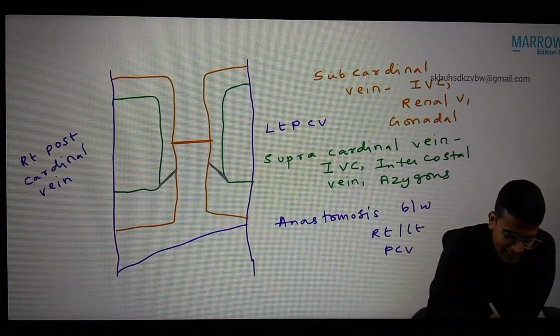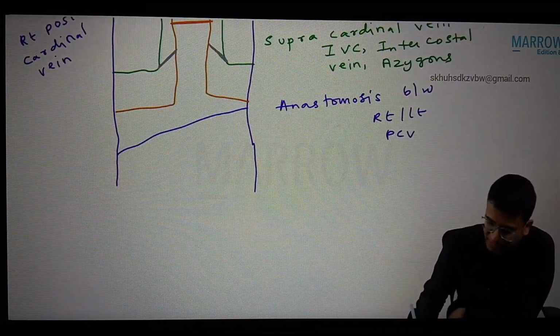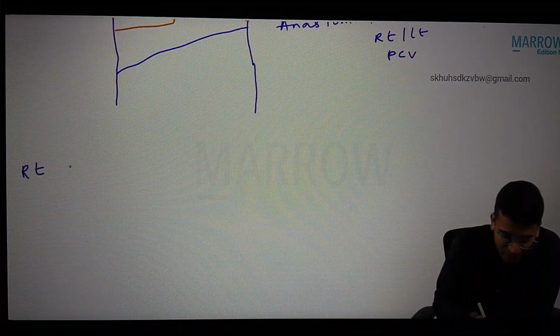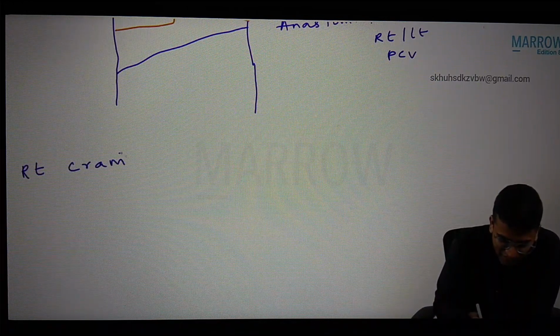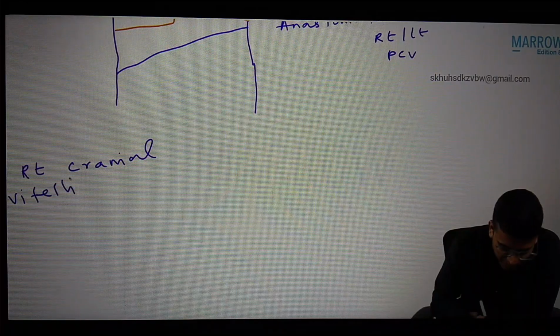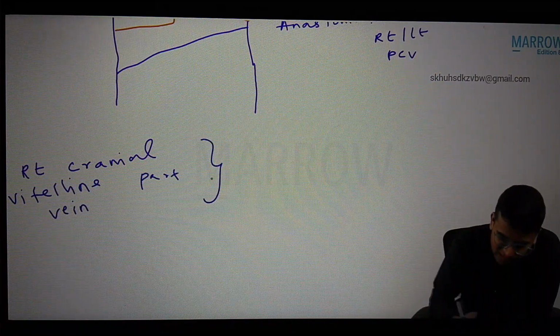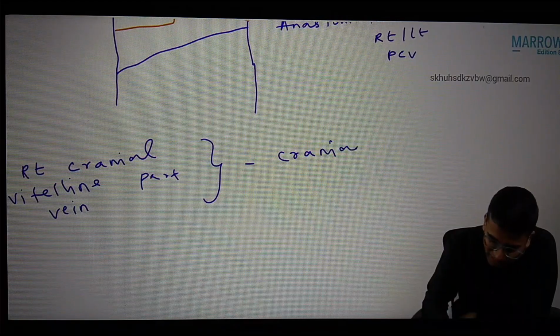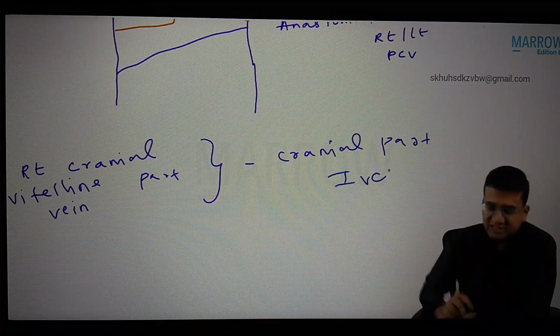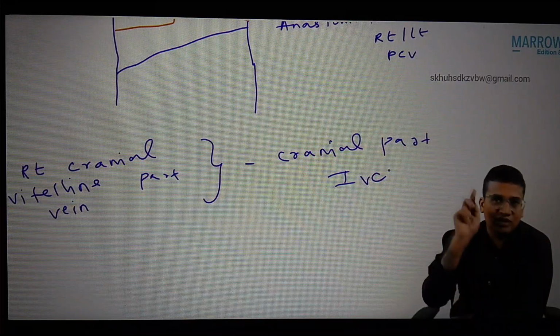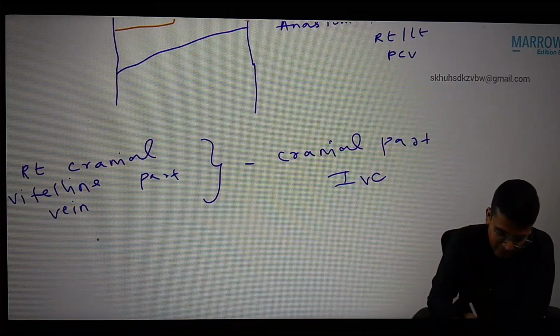Okay. Now please write this point. This is very important. See, the right side vitelline vein, cranial part is forming the cranial part of IVC. The inferior vena cava is not coming from right common cardinal vein.